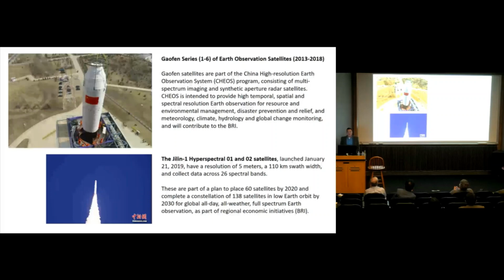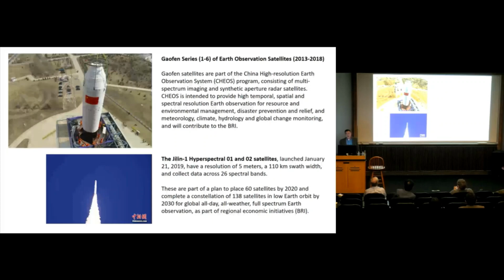China has a very substantive and sophisticated satellite program, particularly Earth-observing satellites. The Gaofen series of 1 to 6 satellites, Earth observation satellites, were launched from 2013 to 2018. Two of those, I believe 5 and 6, were just launched last summer.